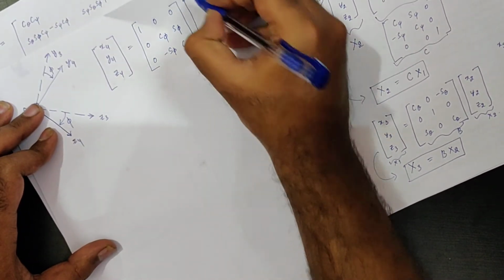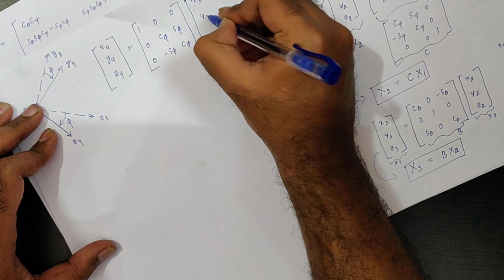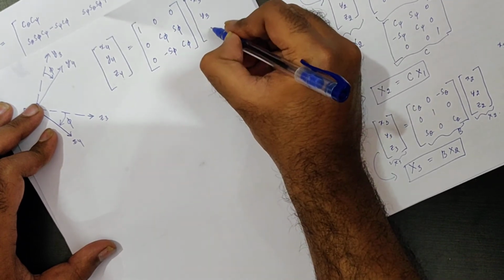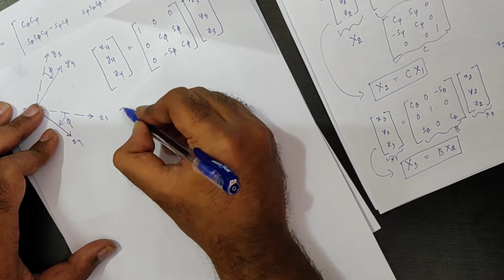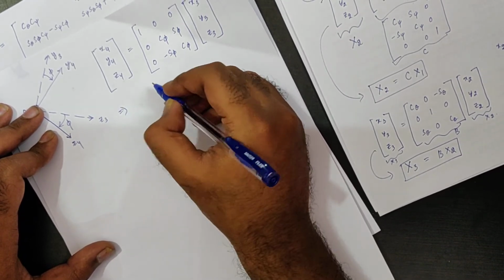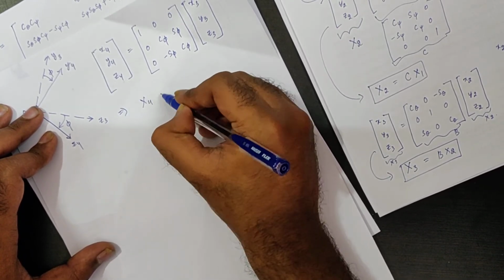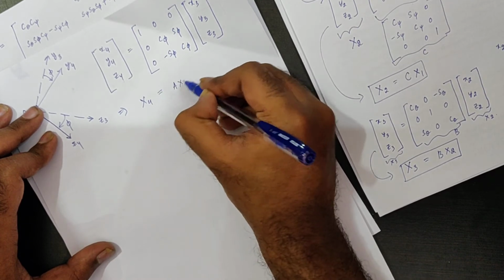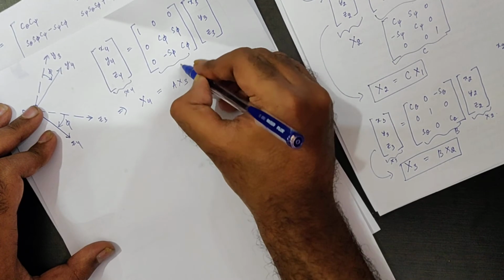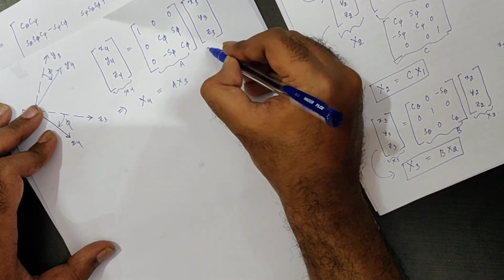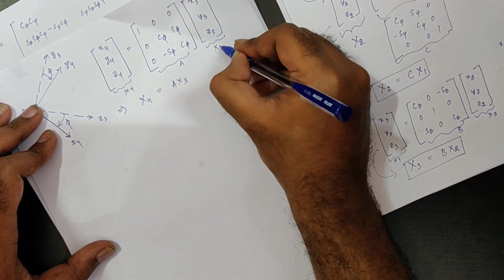Then x3, y3, z3, right? So again this can be boiled down to x4 equal to A x3, where this is x4, this is a 3 cross 3 matrix, this is a vector x3.